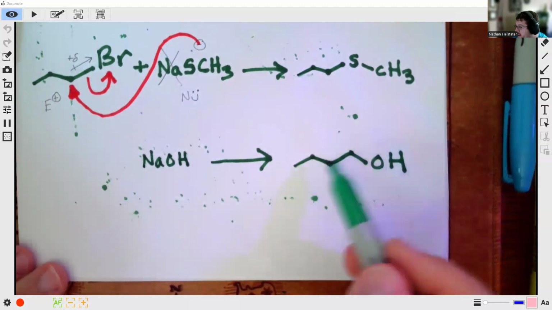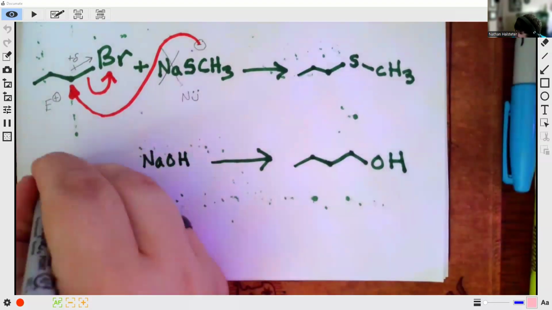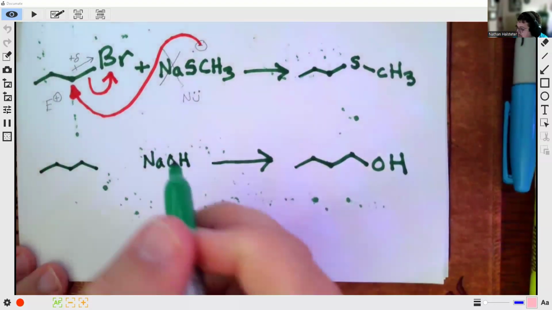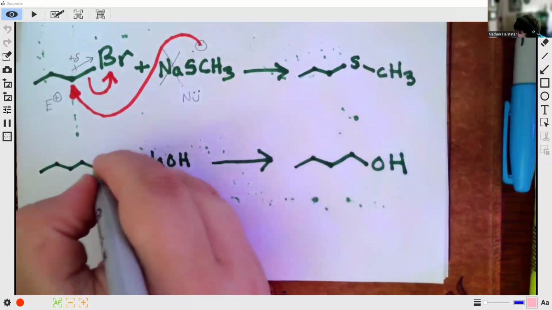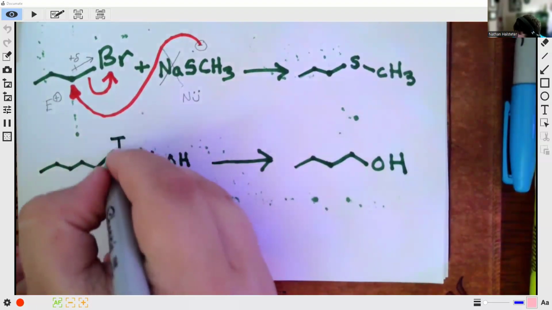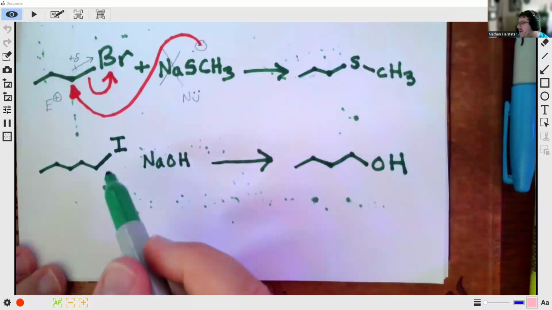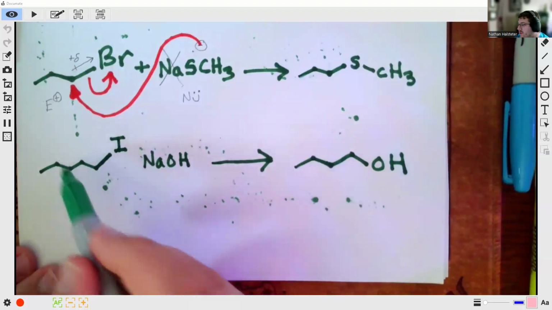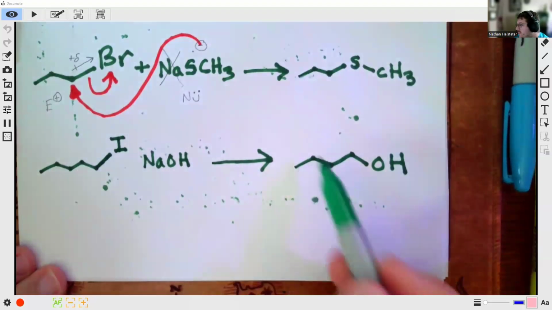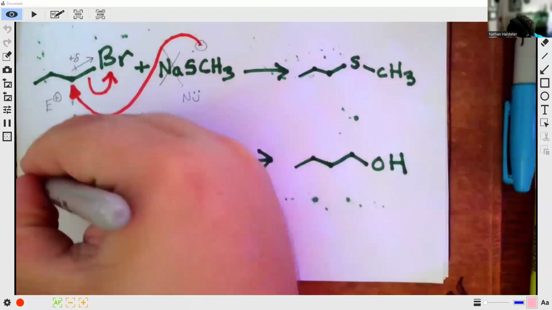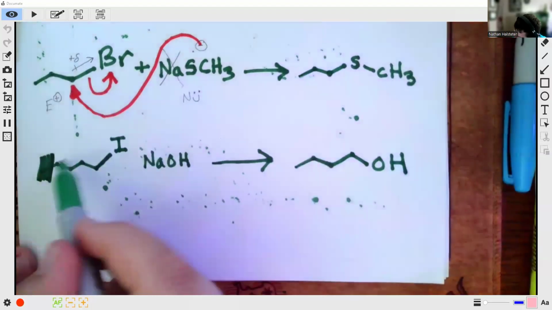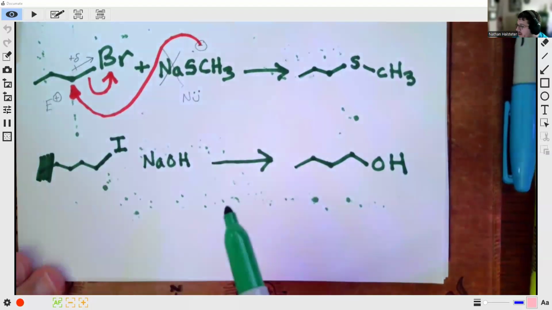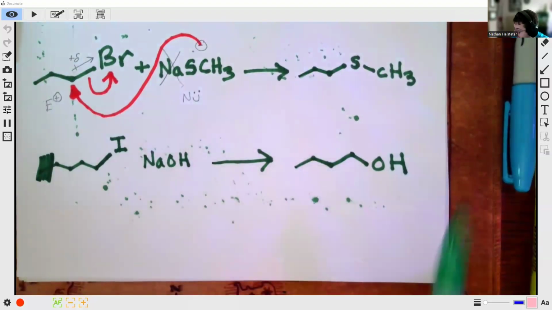So what was likely here? The only leaving group we've talked about so far is some sort of alkyl halide, so it could be iodine, bromine, or chlorine. Did I add too many carbons? 1, 2, 3, 4. I did. Sorry, that carbon isn't there. 1, 2, 3, 4. If you don't believe me, check yourself.